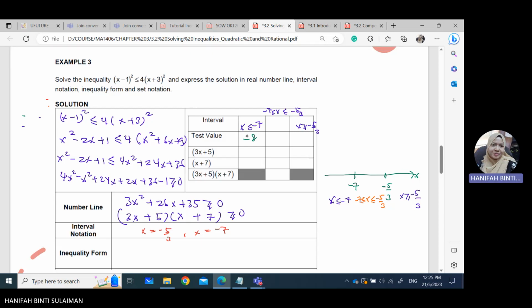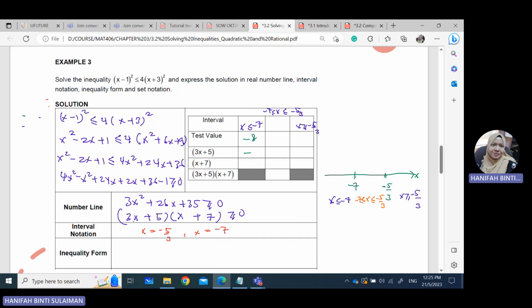So negative 8, so 3 times negative 8 plus 5 berapa? Negative 19. Negative 19 is a negative value.